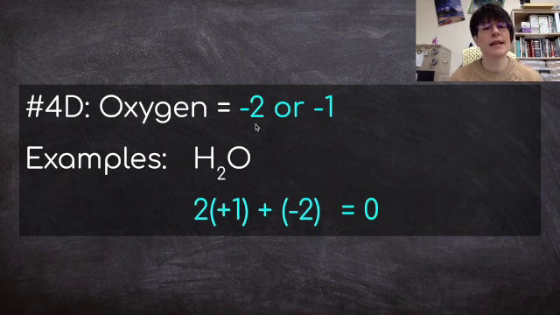Oxygen can be -2 or -1. Most of the times it's going to be -2, but I'll show you the case where it's -1. So water, for example. Water, we know that the hydrogen has a +1 because it's bonded to a nonmetal. So 2 positive 1s, that means the oxygen must be -2 to cancel out to 0.